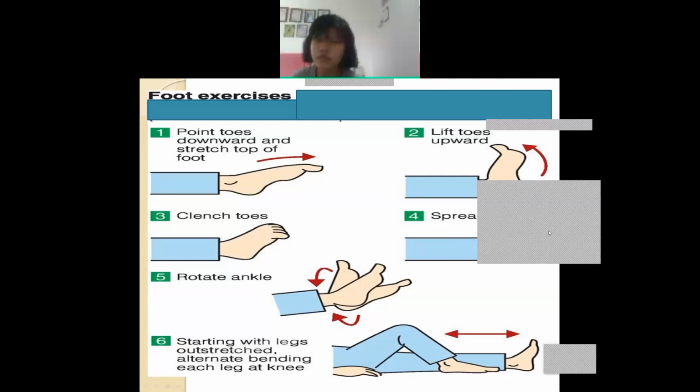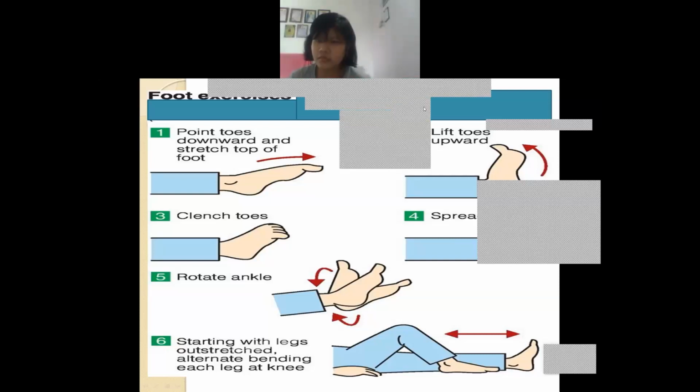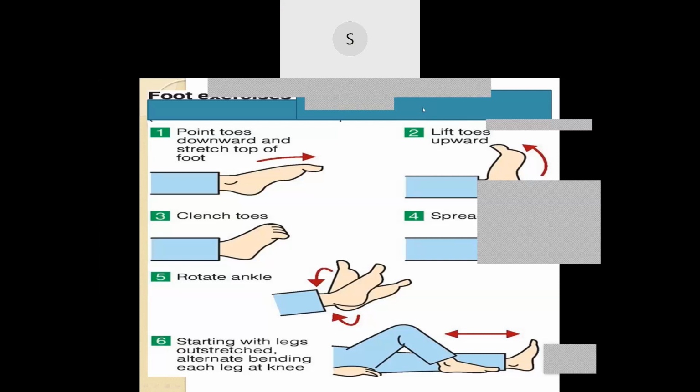Yes, ma'am. Okay, how can a person prevent himself or herself from getting DVT? Wearing comfortable shoes. Okay, anything else? Physical exercise, for blood circulation.